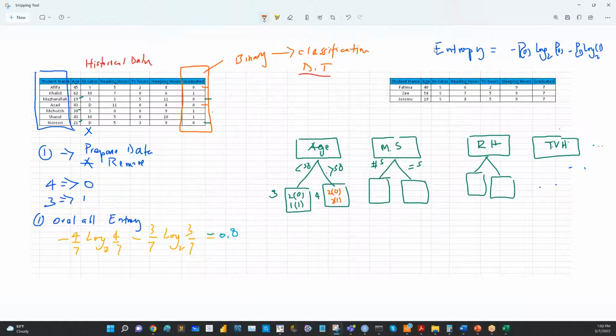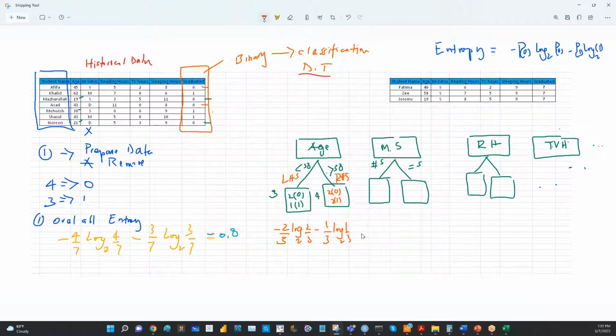And now we are going to apply the entropy. So this is called the left hand side, and this is the right hand side. Let's do the entropy of the left hand side first. We got 3, so the 0 is going to be minus 2 over 3 log base 2 of 2 over 3, then minus 1 over 3 log base 2 of 1 over 3.